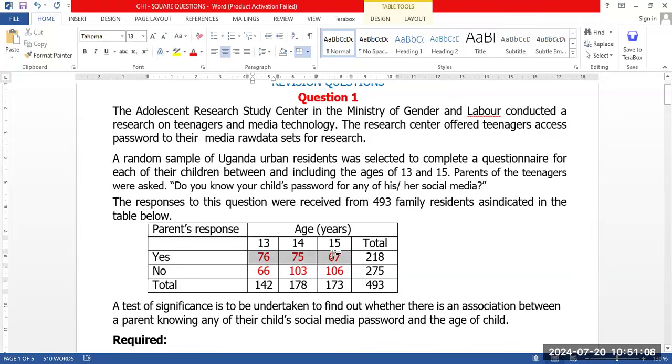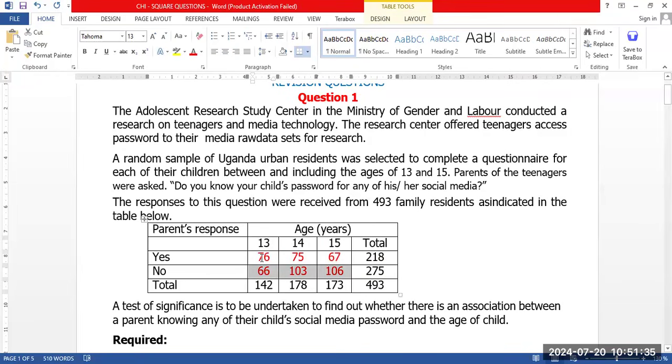This is your row; you can make it a column. But what is advised is to first write this in a column form, then after writing all these values, go ahead and also write these values.